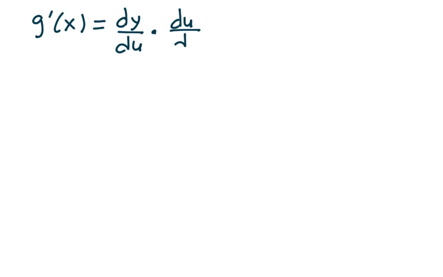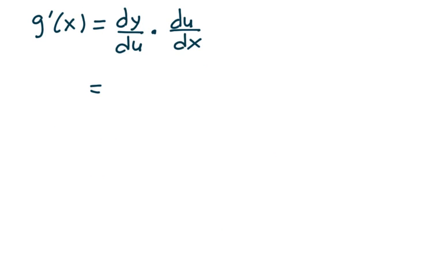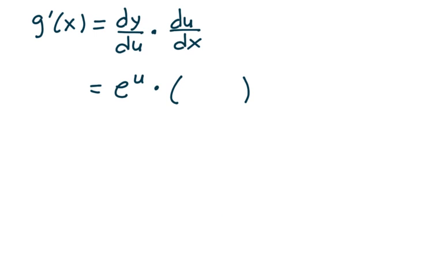So now, if I want g prime of x, that's going to be equal to dy/du times du/dx. But dy/du is e to the u. du/dx is 2x minus 1.